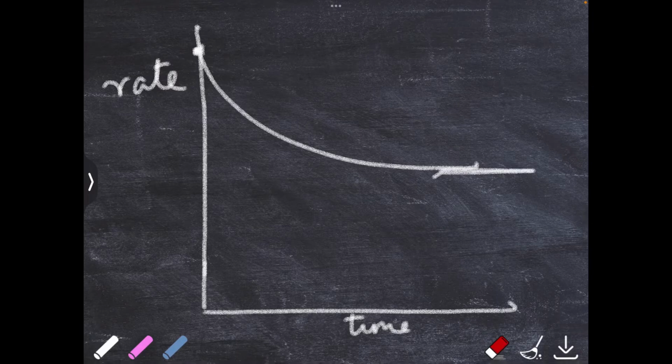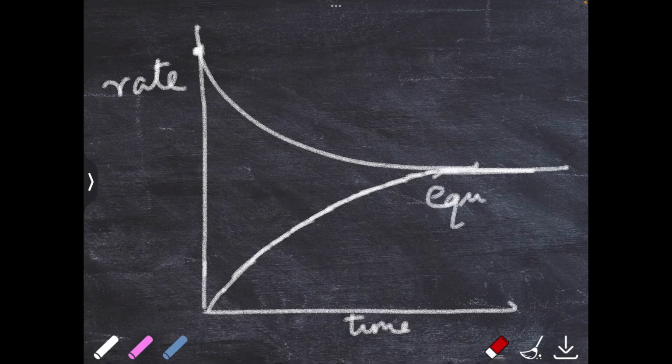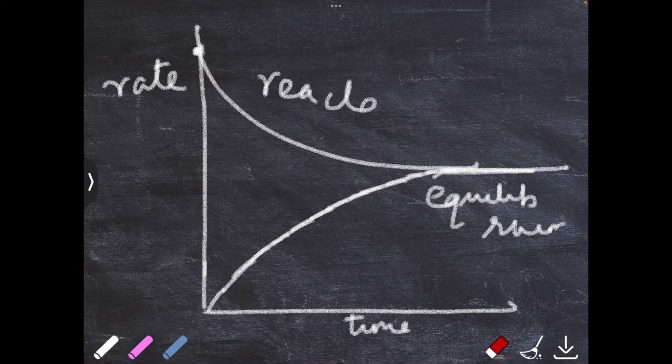The rate at which the products react will initially be 0, because initially you do not have any products formed, so it will go on increasing till it comes to a constant value, and this indicates the equilibrium point. So you have the rate of reactants here, and the rate at which the products react here.